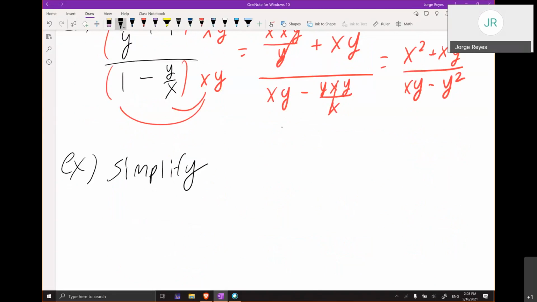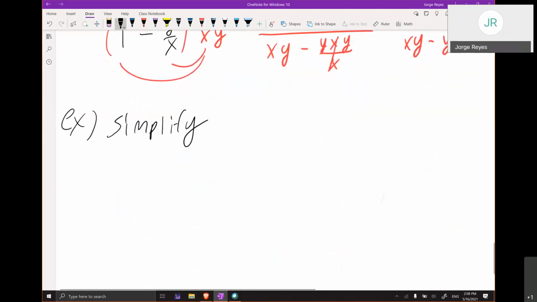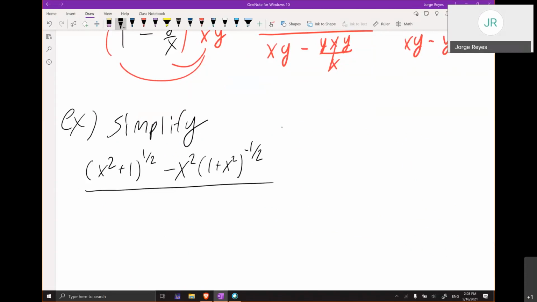And so here's something that you could see: x squared plus 1 to the 1/2 power minus x squared times 1 plus x squared to the negative 1/2 power, all over 1 plus x squared. Now, this might look simple to you guys, but when we mean simplify, that always means no negative exponents, okay?